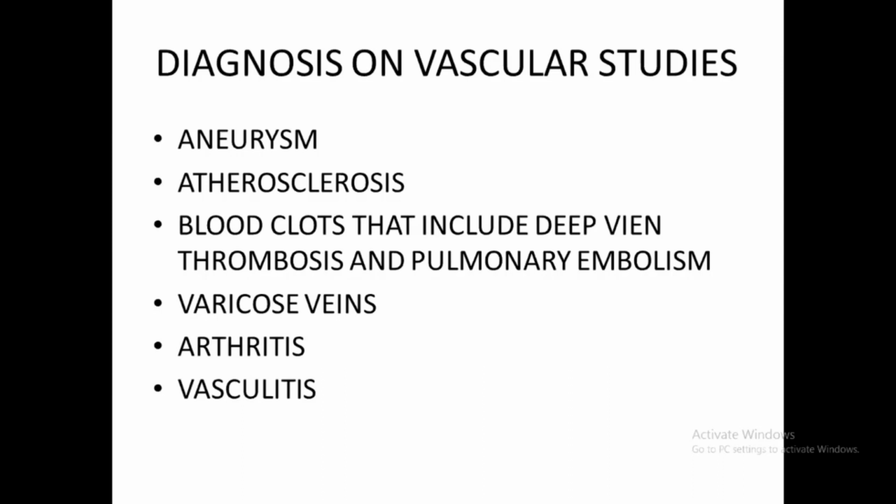If there is a bulge on the arteries or veins, it will keep on increasing. At a point of time it stops the blood flow, or it becomes like a big balloon and it will burst. Aneurysm is widely seen in the aorta, because that is the most common and most affected part where you can see an aneurysm.